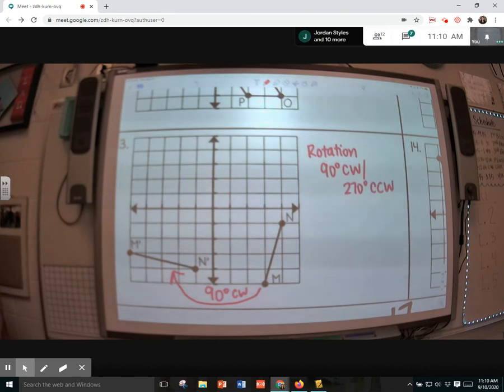And the rule is (x, y) goes to, switch them, (y, -x). I got a question. Can it be just 90? Yeah, if you just wrote 90 clockwise and didn't have the other, it's still correct. You don't have to put both of them.